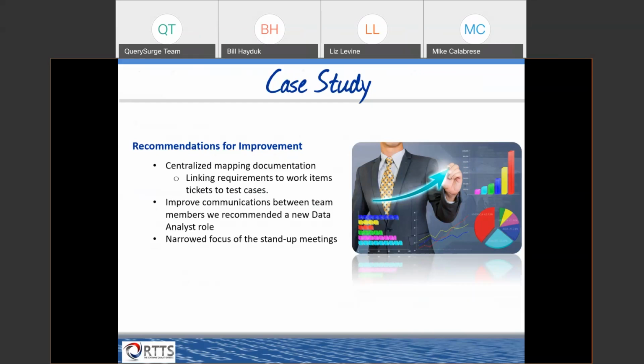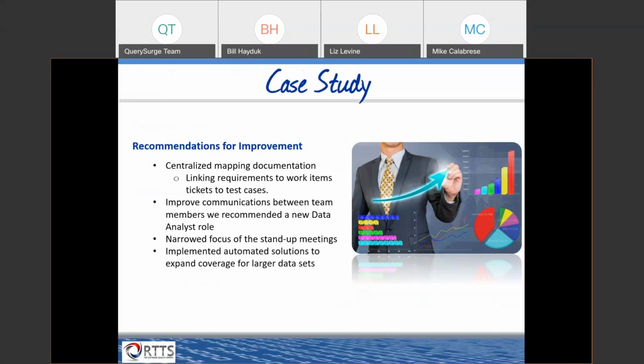And subsequent to that, it narrowed the focus of the stand-up meetings that they were having. So stand-up meetings themselves in an agile methodology are meant to be brief. They ended up turning into requirements meetings, but with the new data analyst role and the mapping documentation, that really narrowed the focus, and the developers and the testing team can just list their tasks at hand and move on from there.